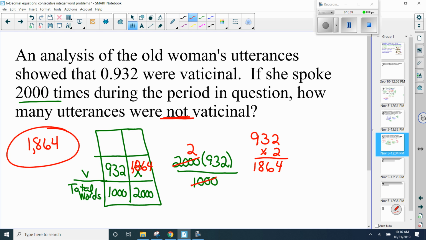How many were not? Oh, man. So up here is where my not is. How can I find my not without having to find this box right here? Yep. If we have 2,000 total and 1,864 were vaticinal, how many were not? Just subtract. 2 leaves 1, 9, 9, and this is 10. So 10 minus 4 is 6, 3, 1, 136.